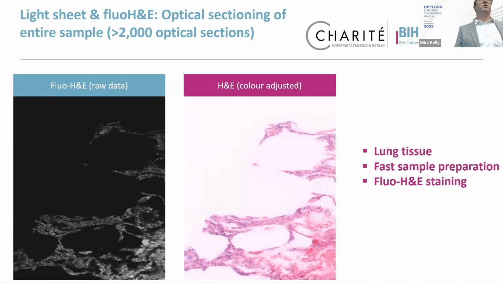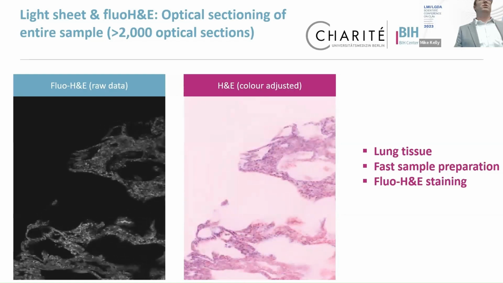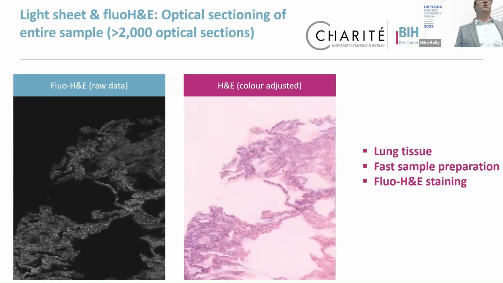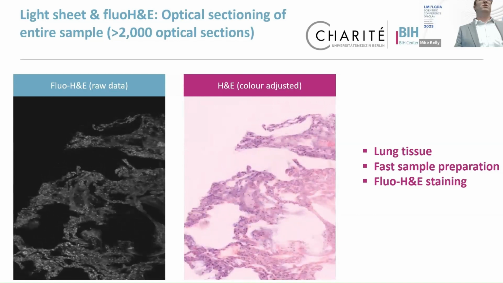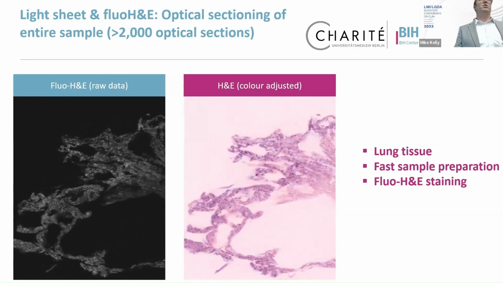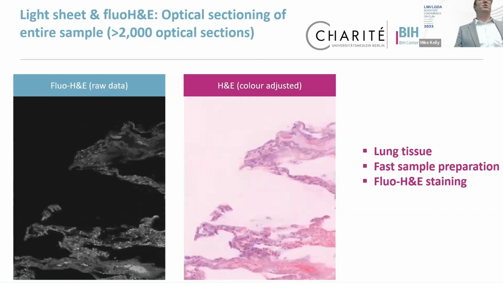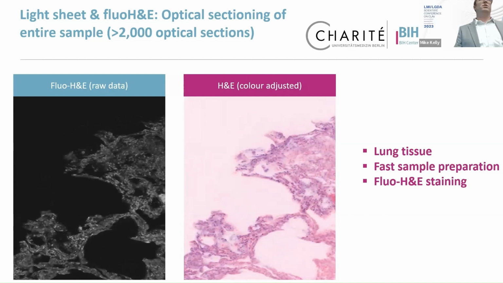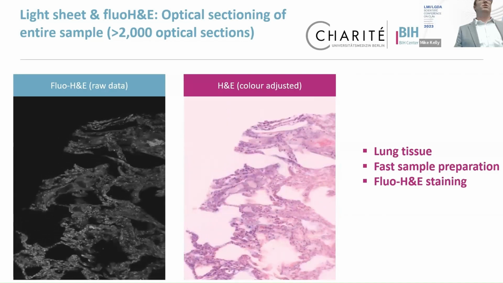So don't take this away. And what can we see? We can see that we detect each single cell in our 2D stack, and we could also see these pinkish structures, which are erythrocytes, for example, within the blood vessels, and also see all the lung-specific structures. And for example, such an image we generate in less than 1 minute.